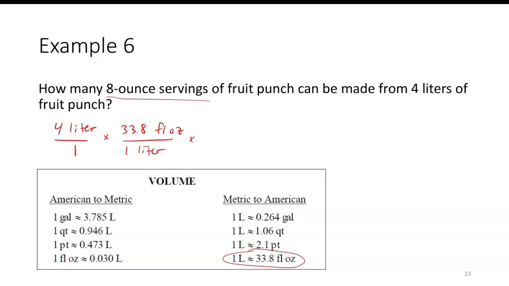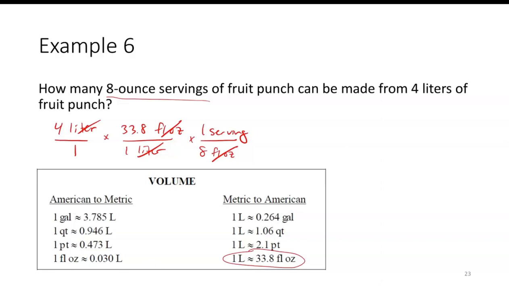So what you can do for that is say that 8 ounces is 1 serving. So ounces cross off, liters cross off, and what we're left with is 4 times 33.8 divided by 8.